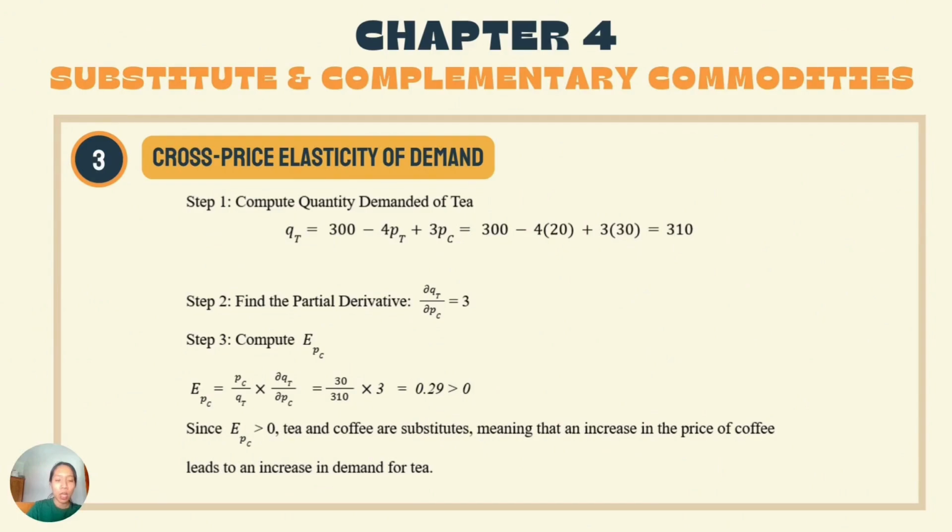We multiply by the partial derivative that we just found in step 2, which is 3, and the final result is 0.29, which is greater than 0. Because the cross-price elasticity is greater than 0, tea and coffee are substitutes, meaning that an increase in the price of coffee will lead to an increase in demand for tea. Specifically, people will buy more tea if coffee gets more expensive.